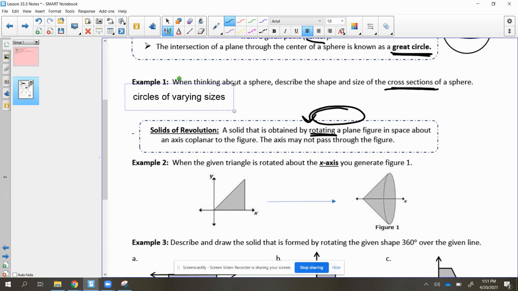When we rotate this figure around the x-axis, we will see this first figure being created. So watch, circle it around, rotate it, you see that creation of a cone, and when you're rotating, you're creating that circular base.